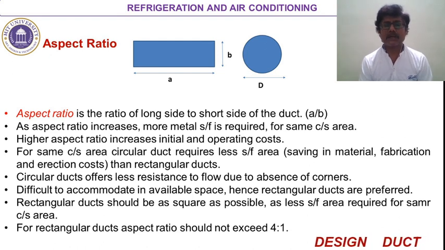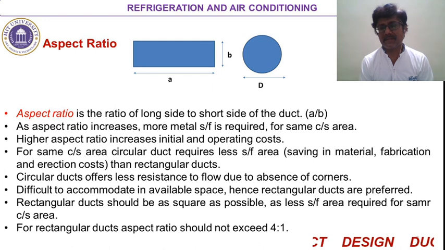But they are somewhat difficult to accommodate in the available space. Hence, rectangular ducts are normally preferred in practice. Whereas for the rectangular duct, it should be made as square as possible. It means that the difference between the longer and shorter side should be as small as possible.